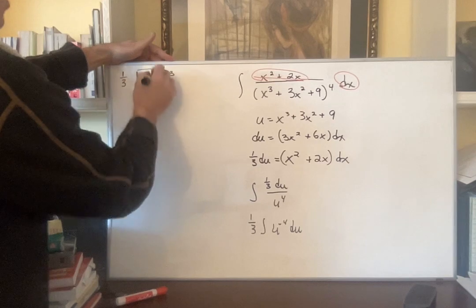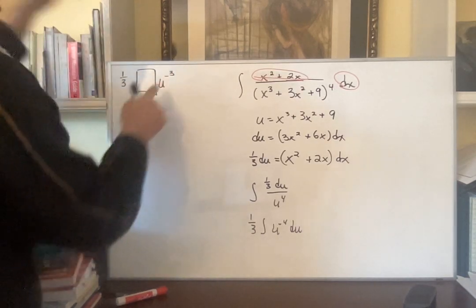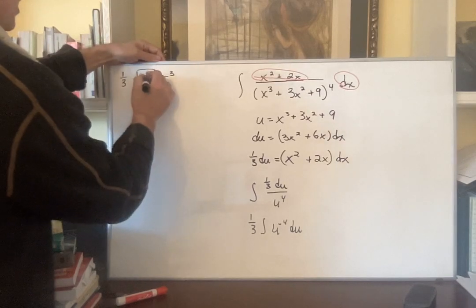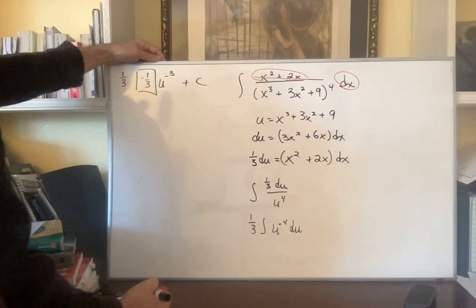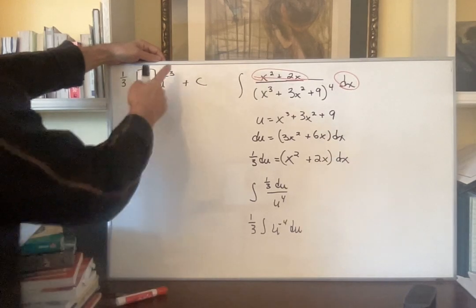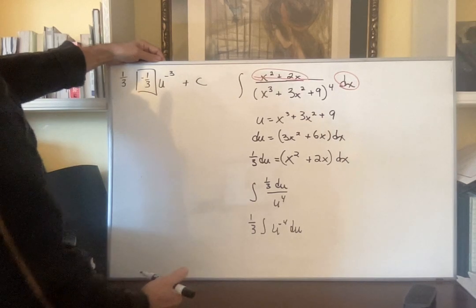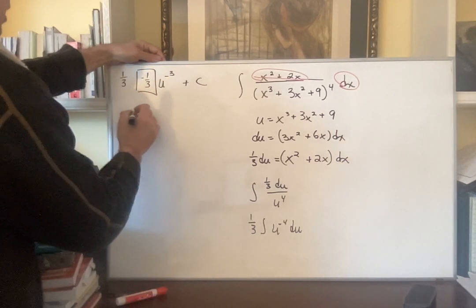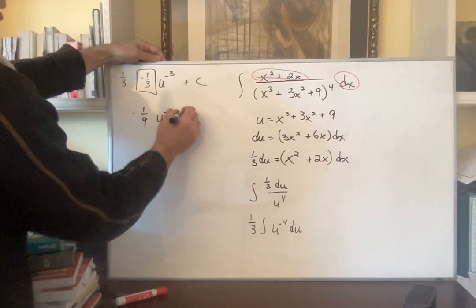And guess what goes out front there to take care of any coefficients? The reciprocal of this. So that'd be -1/3 plus c. And then you can always take the derivative to make sure you get back to that. And I think we do. And then this is just -1/9, I guess, if I multiply those together. u to the -3 plus c.